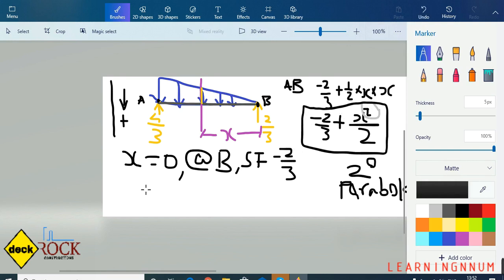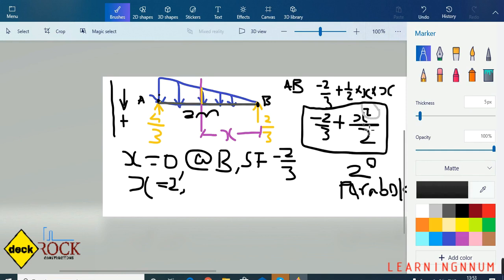Now to find out shear force at A, what do you need to do? The other boundary is A, right? Yes, sir. So if you have to reach A from B, how much would be x value? 2 meter, because this entire beam is of 2 meter. So put x equals to 2. If you put x equals to 2 here, x square, 2 square means 4. 4 by 2 is 2.